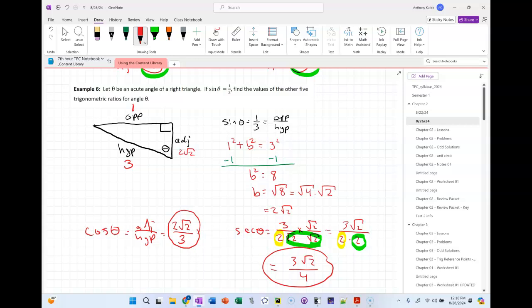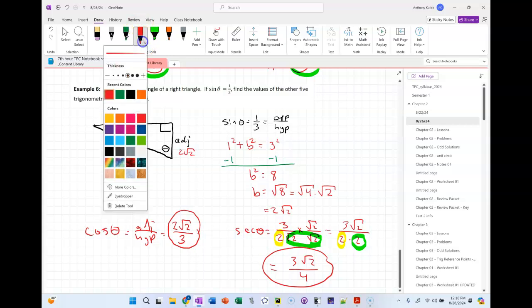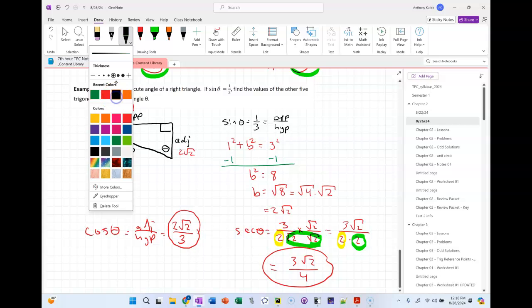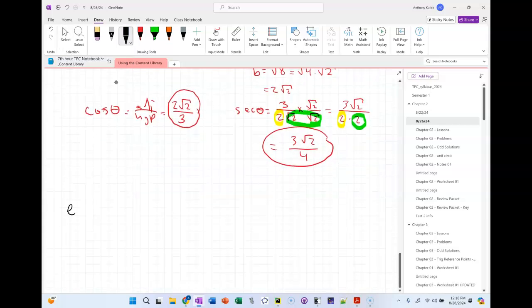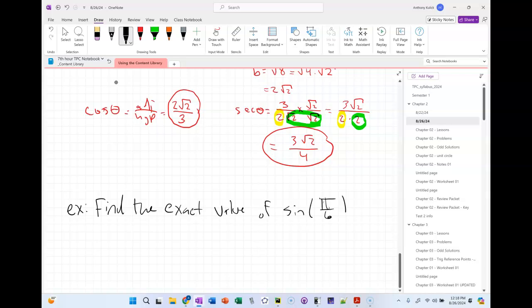All right. Another example. So let's say we ask you to find the exact value of sine pi over 6.